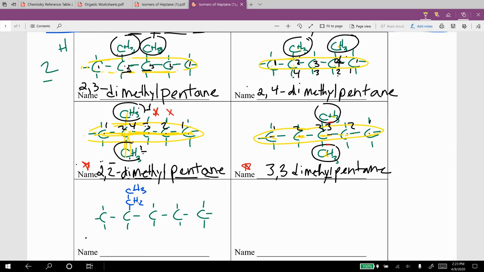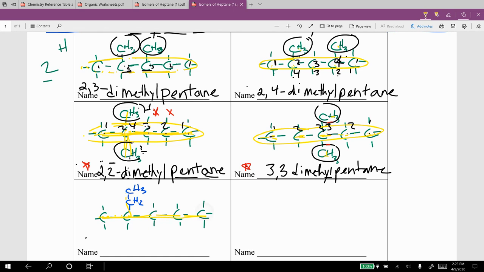So first we're going to count the longest possible chain of connected carbons. So starting over here, 1, 2, 3, 4, 5. If I don't pick up the pen, it's connected. Now backwards, 1, 2, 3, 4, 5. I know it seems redundant to you, but it's the process. So now 1, 2, 3, 4.